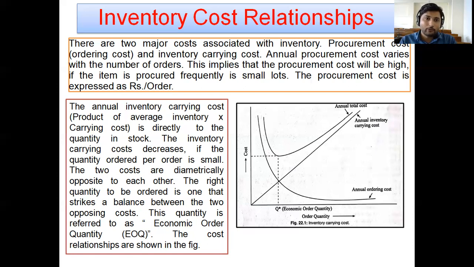All that cost will be considered as the ordering cost. This is one kind of cost related to inventory. Then the second cost is the storage cost. When you buy the product, you need to store it.